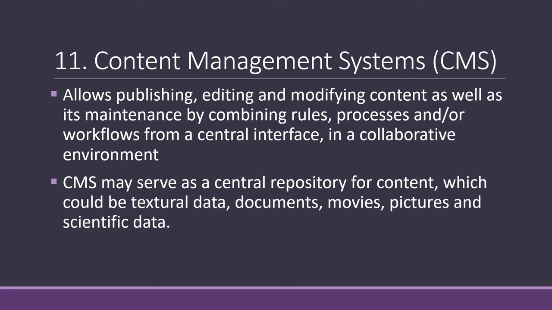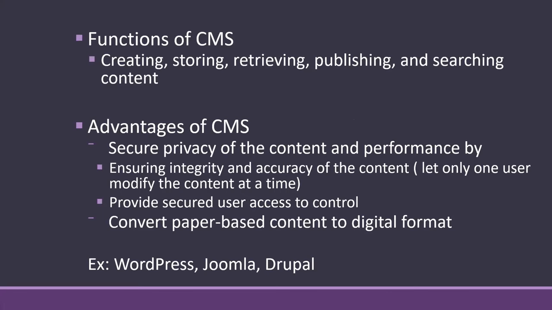Next, the content management system, or CMS. These content management systems allow publishing, editing, and modifying content. That means the CMS acts as a central repository for content. This content can be textual data, documents, movies, pictures, scientific data, or anything. So in a CMS, they are creating, storing, retrieving, publishing, and searching the content.